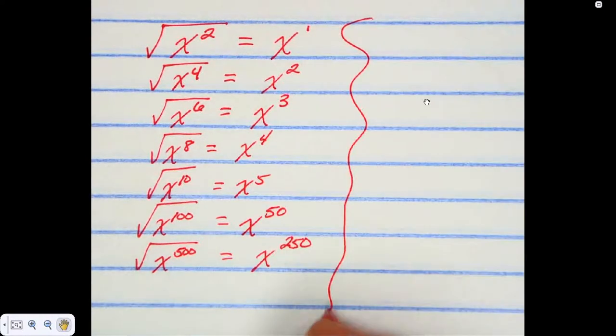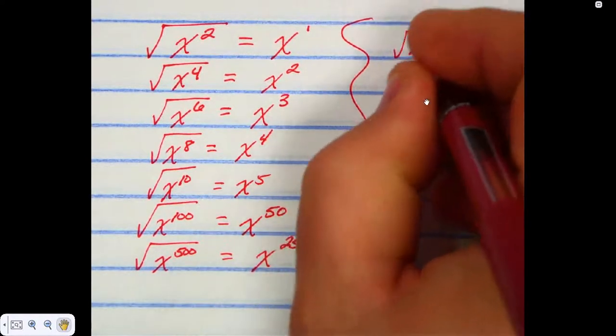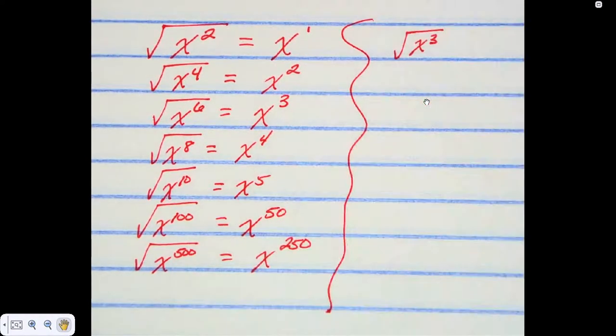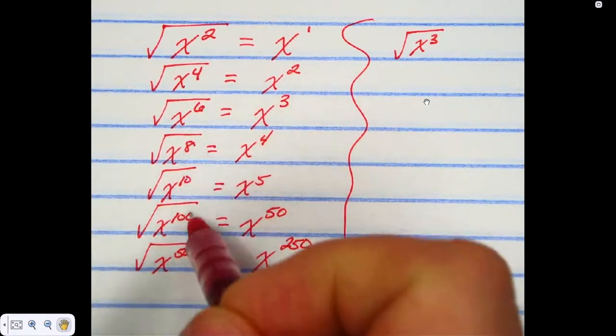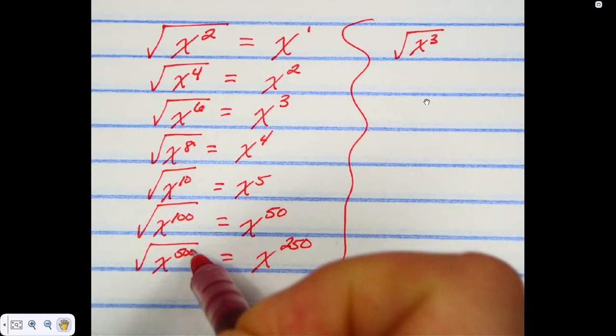However, can you guys answer that question? Basically, when it comes to variables, what did all of these have in common with the exponents here? They're all what? Even numbers.